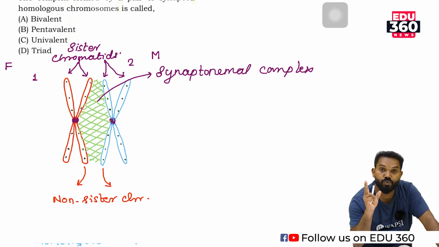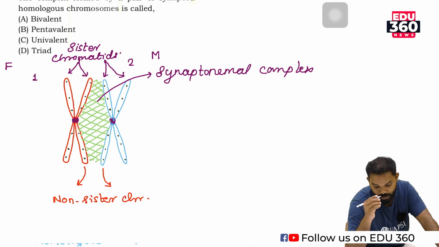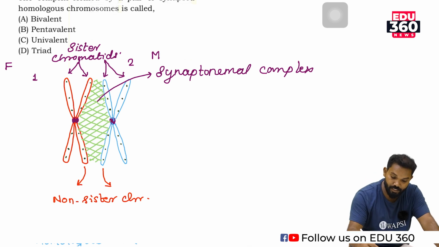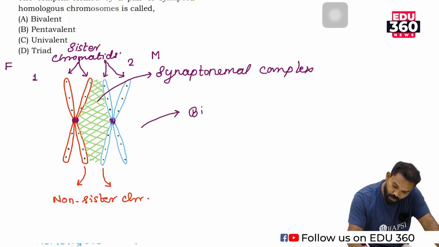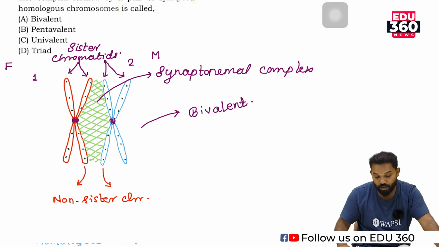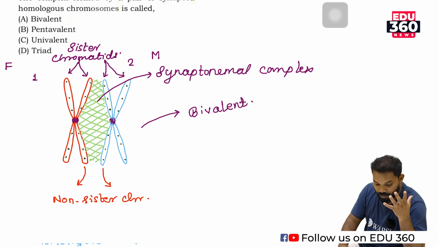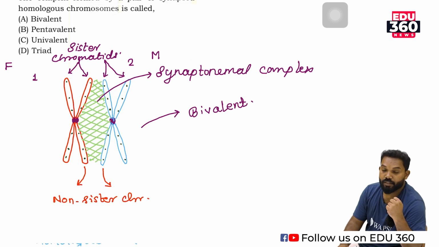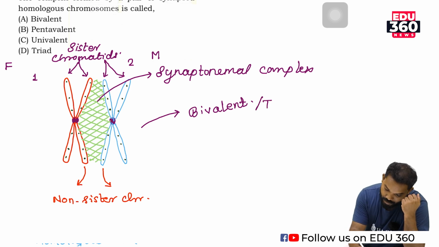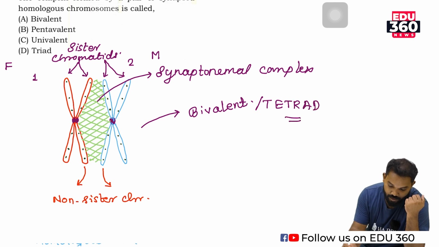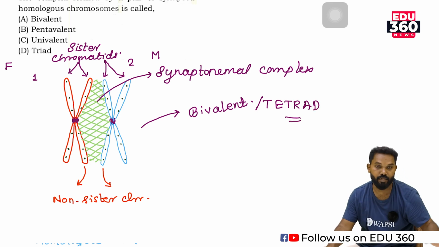formation of two chromosomes joined together, and this condition is known as bivalent, or when it clearly appears, it is known as tetrad. So tetrad or bivalent.